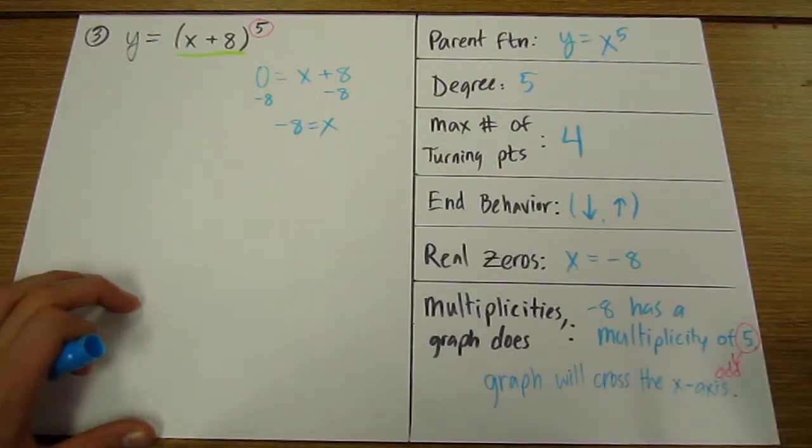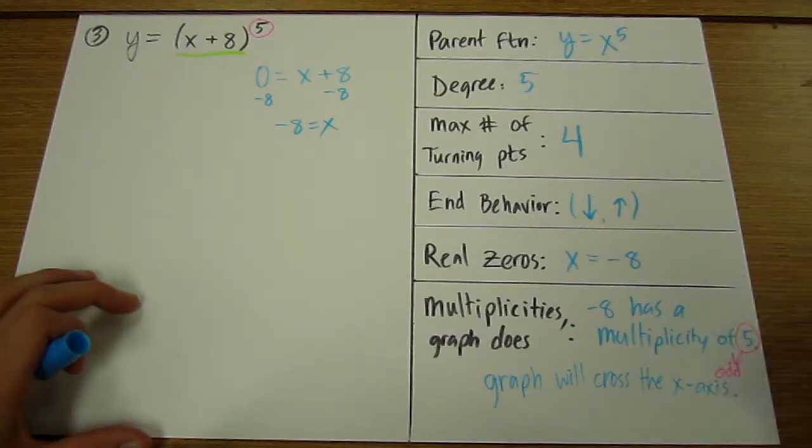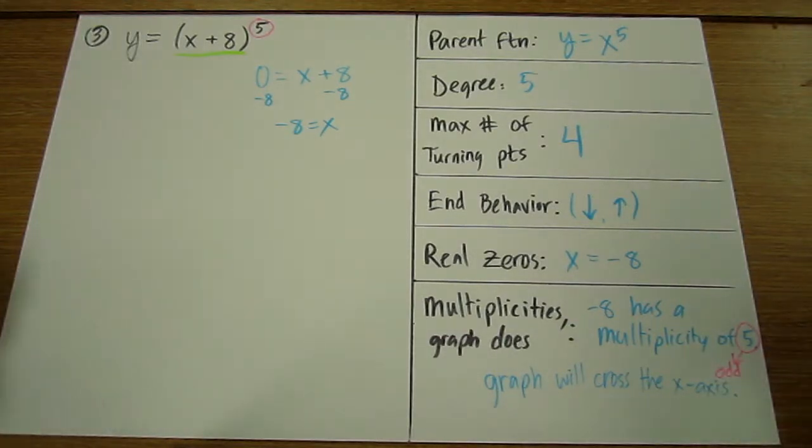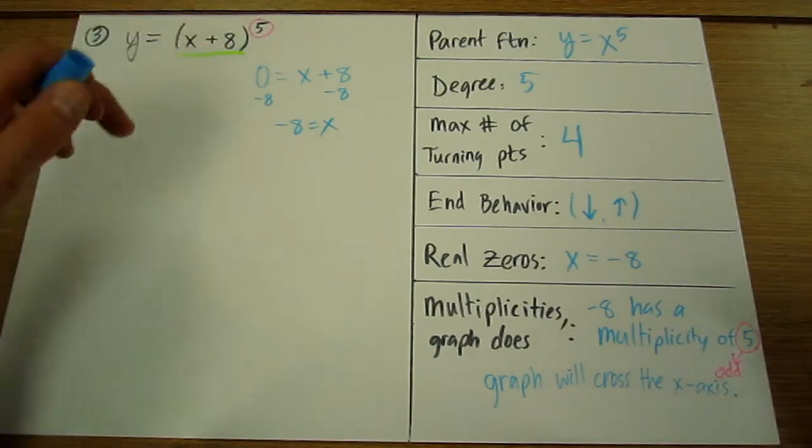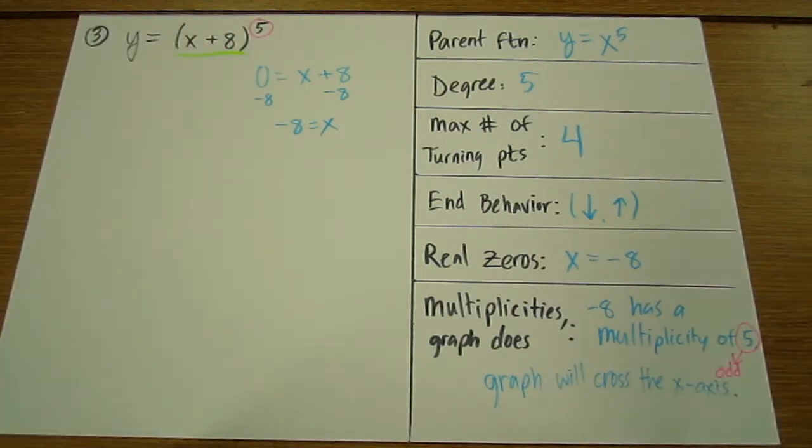And that is because it is an odd multiplicity. If we have an even multiplicity, our graph is going to touch the x-axis. Okay? So there's a difference between if we have an odd exponent up here or an even exponent. This is kind of important.